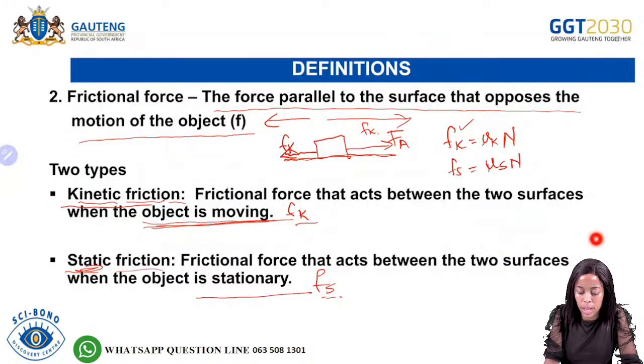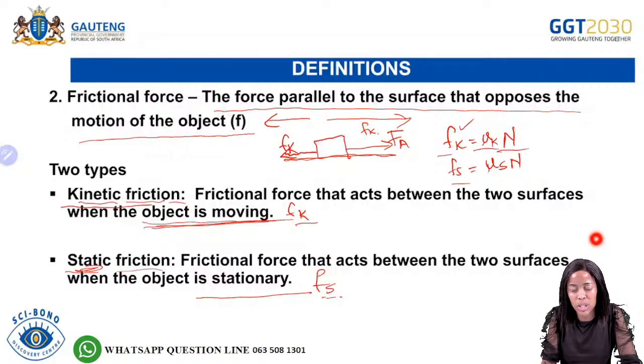Fk represents the kinetic friction, mu k represents the coefficient of kinetic friction, and N represents your normal force. Again, for static friction, Fs represents the static friction, mu s represents the coefficient of static friction, and N represents your normal force.